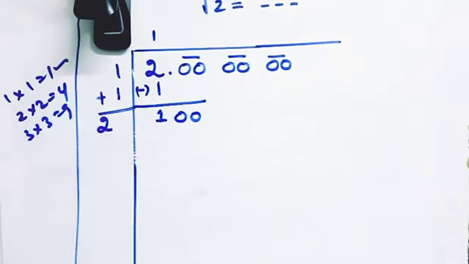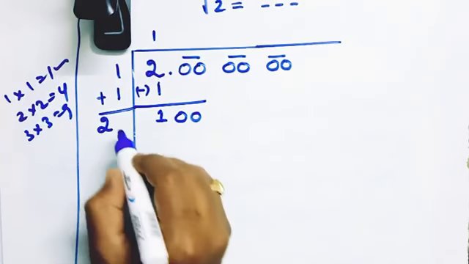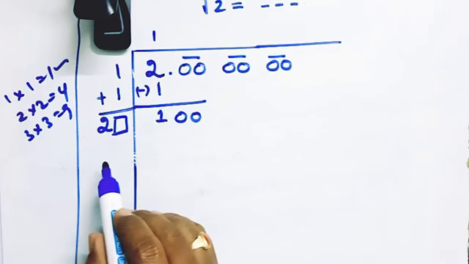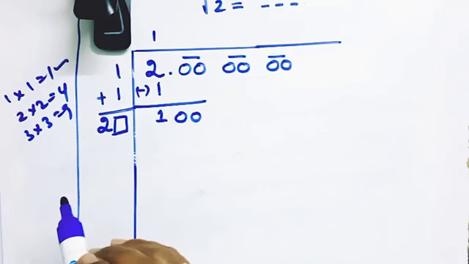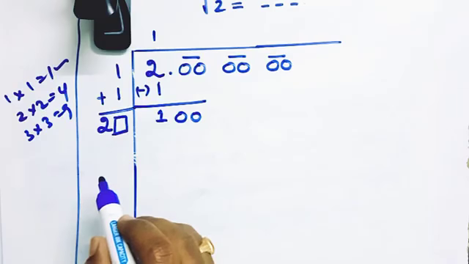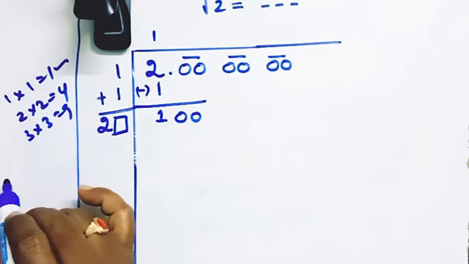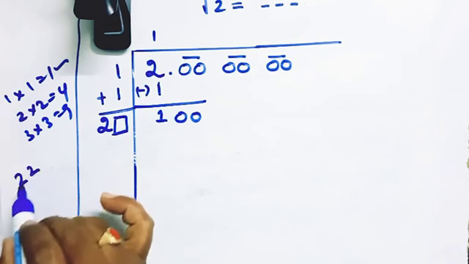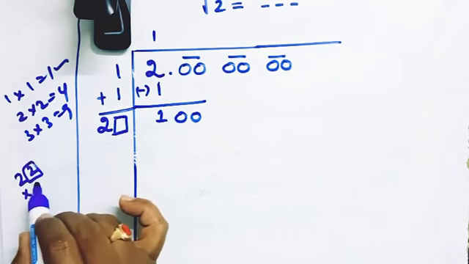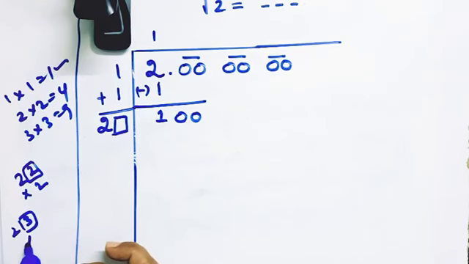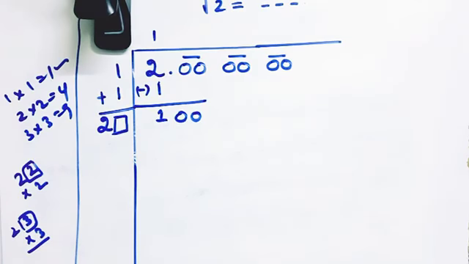After getting the 2, we need to guess the largest possible digit to fill the box in such a way that the product of the new divisor and this digit is equal to or less than the new dividend. For example, if I am taking 2 in the box digit, you should multiply with 2. If the box digit is 3, you should multiply with 3. Like that you should check.